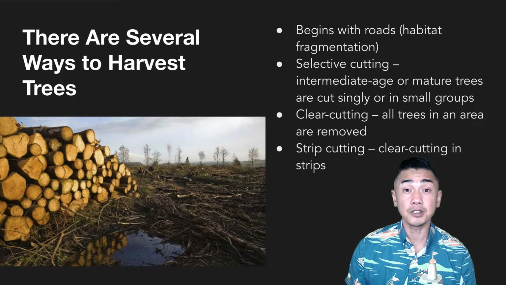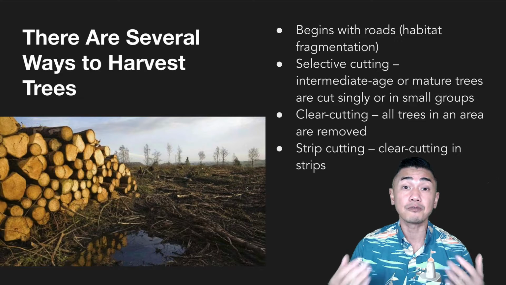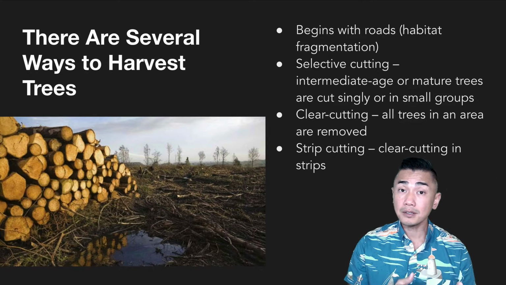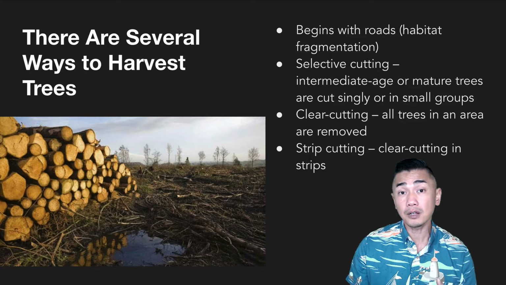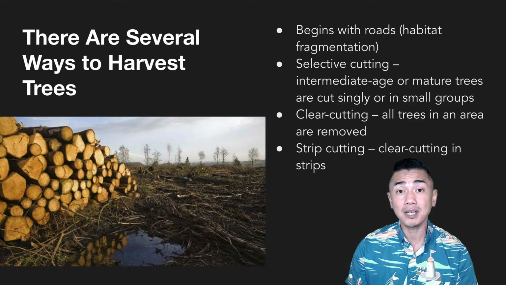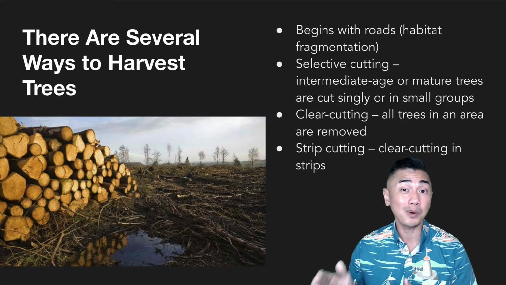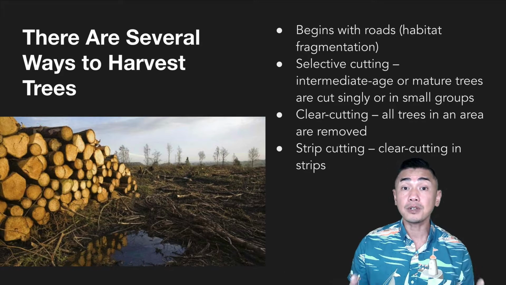All deforestation begins with the building of roads that create access for loggers. This has the negative environmental consequence of creating habitat fragmentation, where a natural habitat is broken apart. There are three ways in which we can cut trees down.